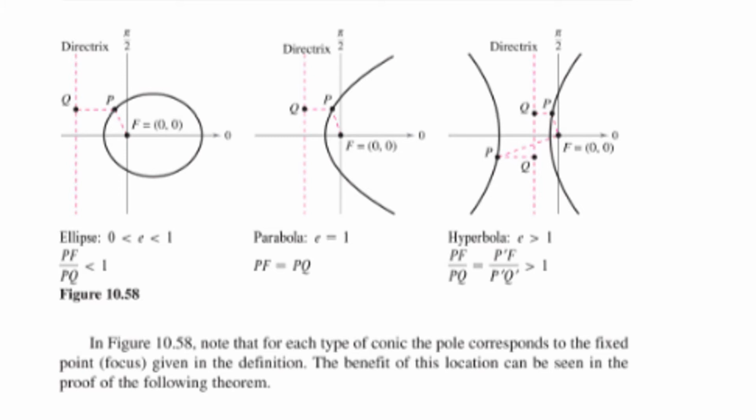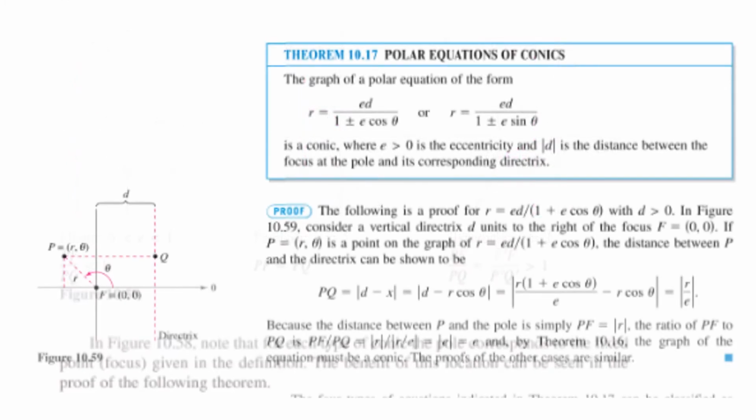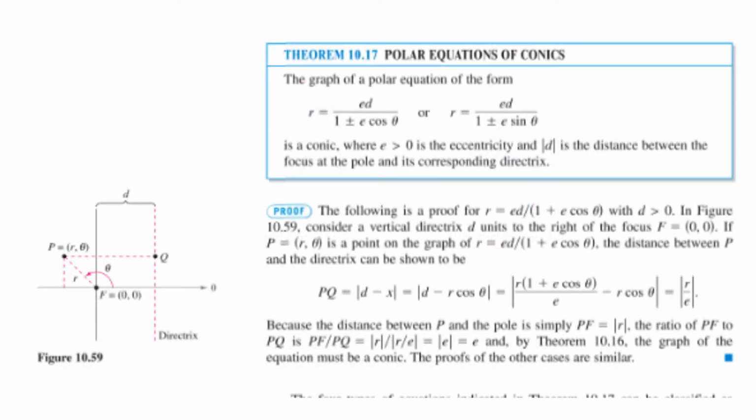And here's the theorem. And this also is an important theorem. It tells us what the equation of a conic section looks like in polar coordinates. Here's the statement of the theorem, and we'll talk about the proof. So this is polar equations of conics.